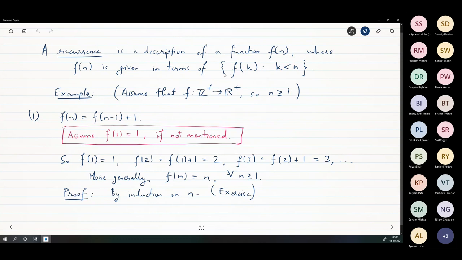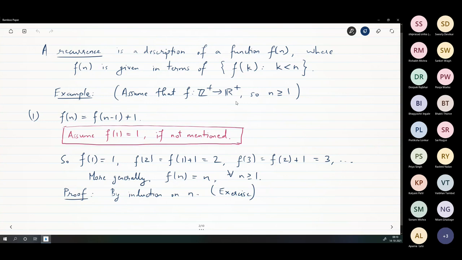All those terms need not appear. f(n) could be just f(n-1) plus something. But at most, the function values between f(1) and f(n-1) will be used to describe f(n). When such a description is given, it is called a recurrence. Henceforth we will only assume that the functions take positive values and not concern ourselves with negative values. There's no need to complicate things. The input n is a positive integer, and the output is always a positive real number.